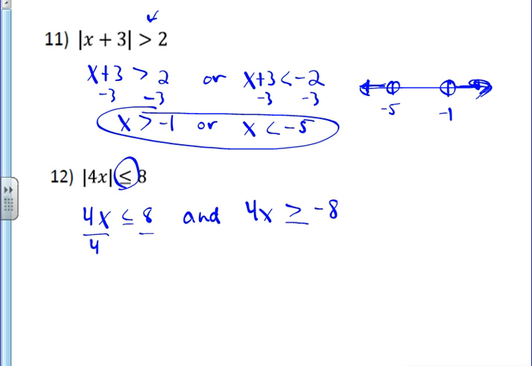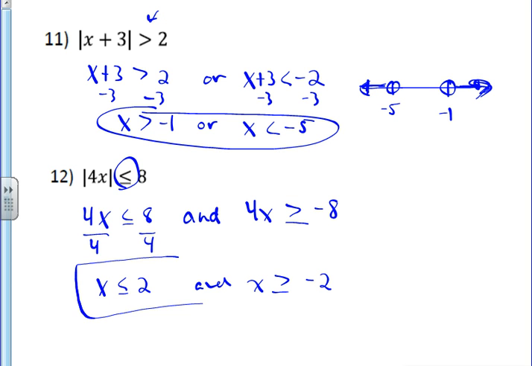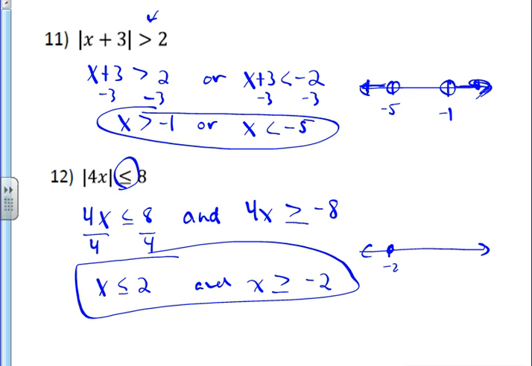Divide both sides by 4, you get x less than or equal to 2 and x greater than or equal to negative 2. And that is your solution. So it's all the numbers that satisfy both of these inequalities, which on a number line, with closed circles, means numbers in between negative 2 and 2. Because numbers in between those two are less than 2 but greater than negative 2.